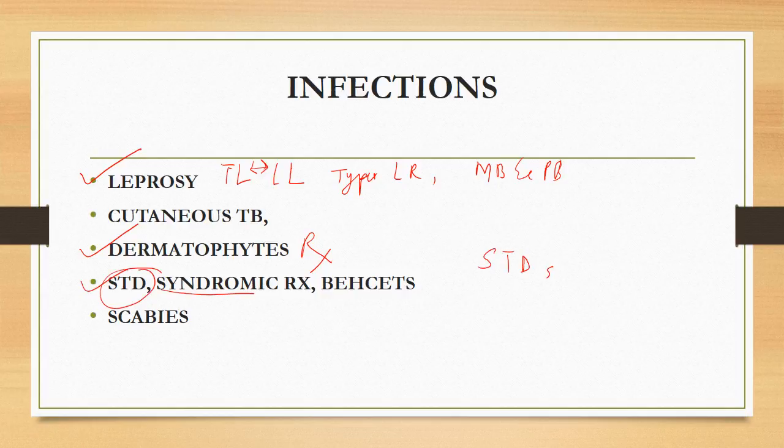You should be able to tell the differences between the types of lymphadenopathy they cause and the kind of ulcer they cause, painful or non-painful. They should help you differentiate the various diseases. And important is scabies, a parasitic disease.